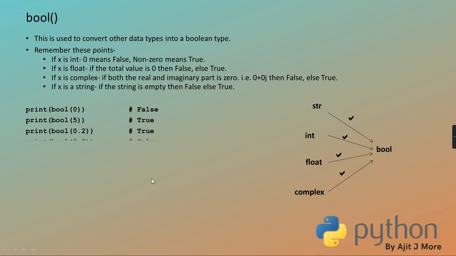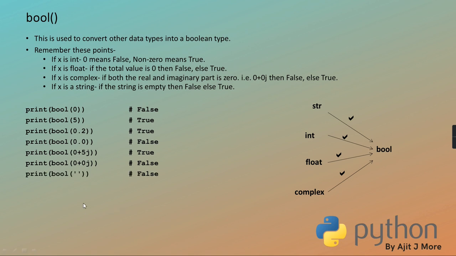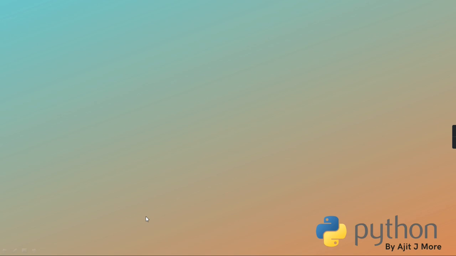No, therefore it is true. 0.0 is false. 0 plus 5j is true, because I told you, unless both real and imaginary parts are 0, you won't get false. Getting? And 0 plus 0j is false, because both are 0. And if it's an empty string, it is false. But if the string contains something, it is true. Okay? So I hope it is clear.